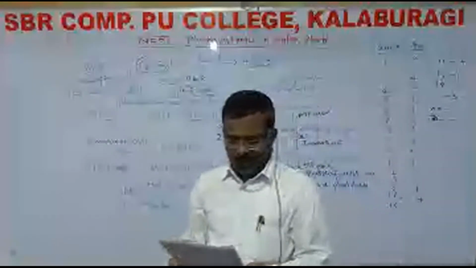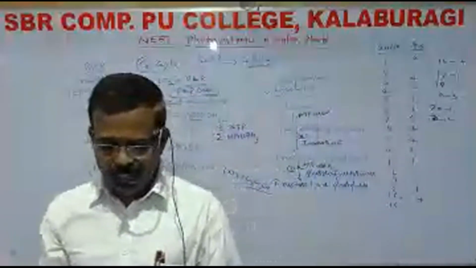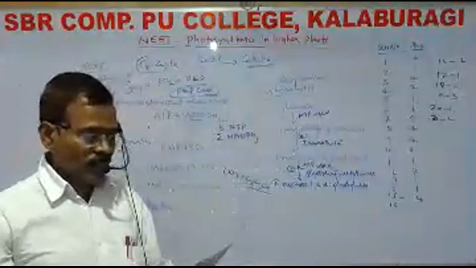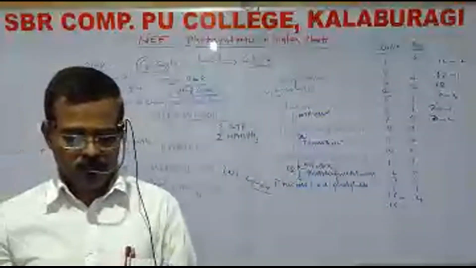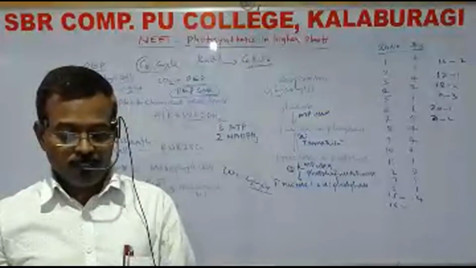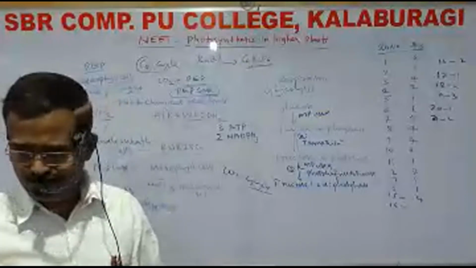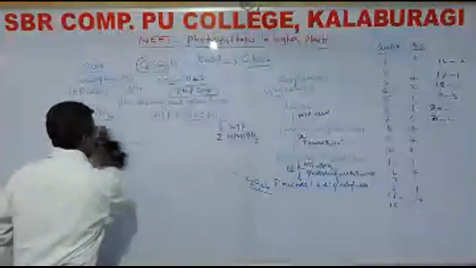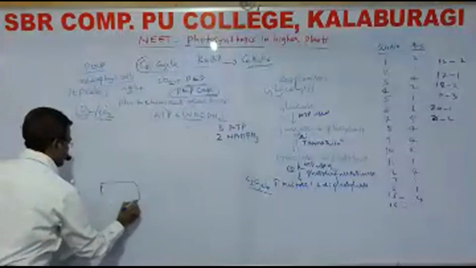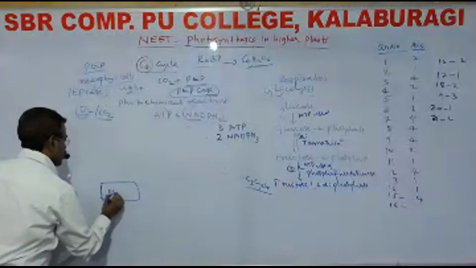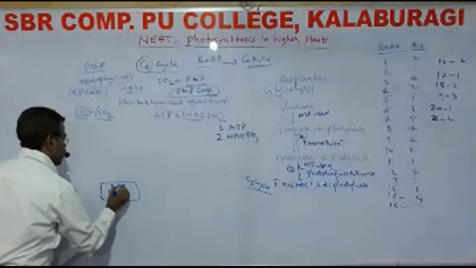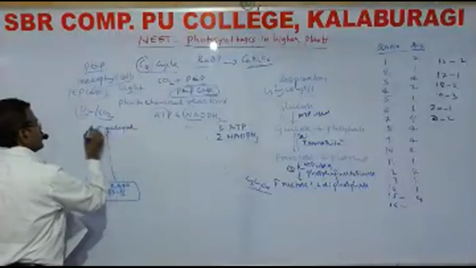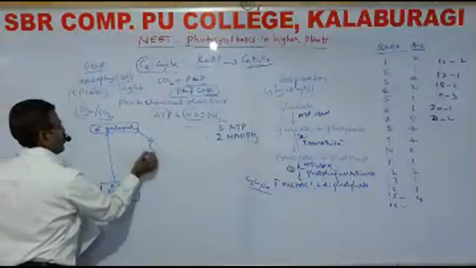Next, 22. The electron in the reaction center of PS1. So here, during that scheme, or non-cyclic photophosphorylation, PS2, P680, you have the electron acceptor. Here you have ETS.